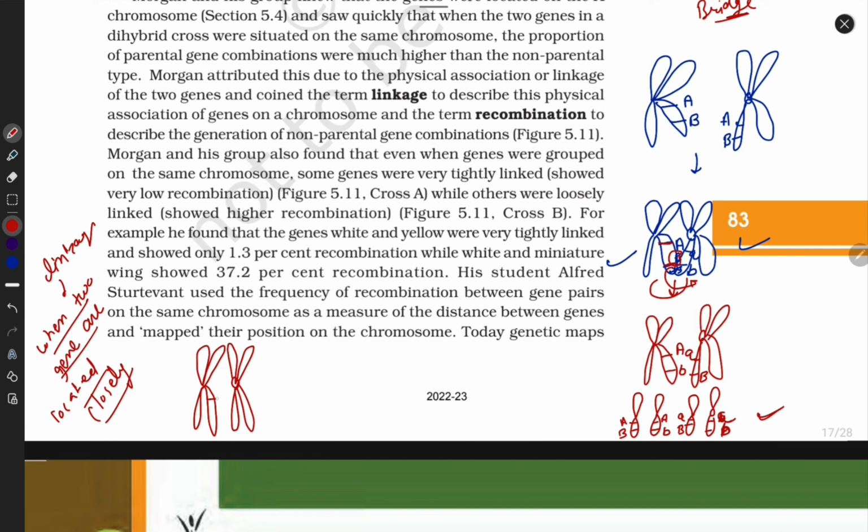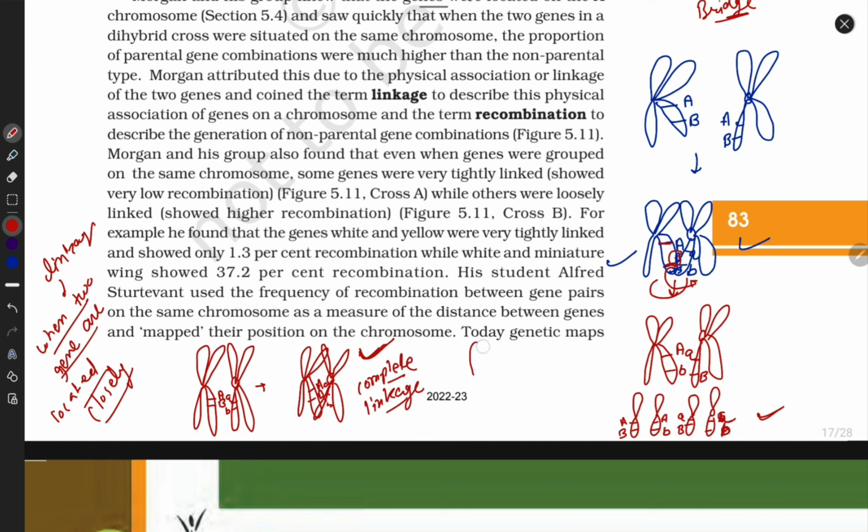If two genes are attached very closely, guys, very closely, if crossing over occurs between them there is no exchange of genetic material because they are present very closely. So these genes are linked. This is complete linkage. Because two genes are closely located, they can't exchange their genetic material.